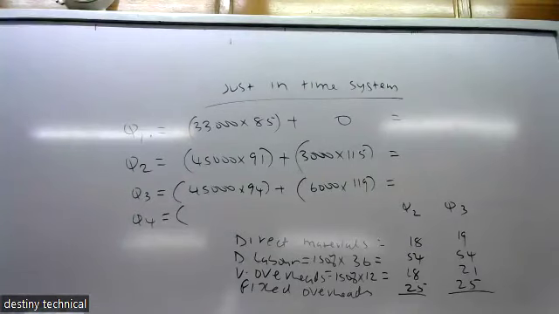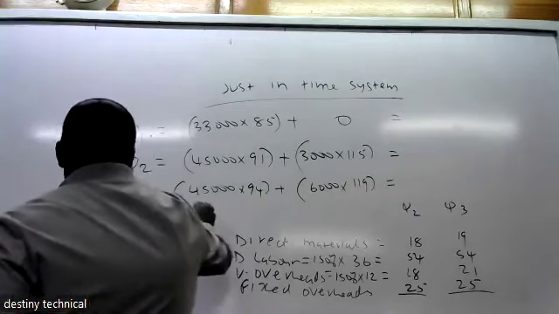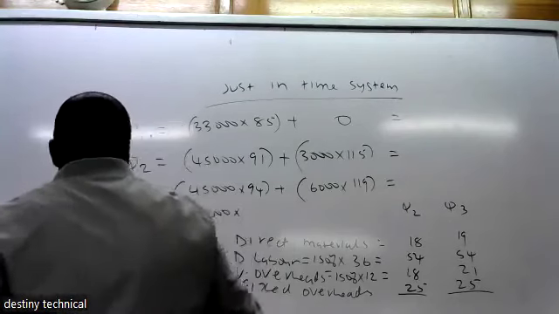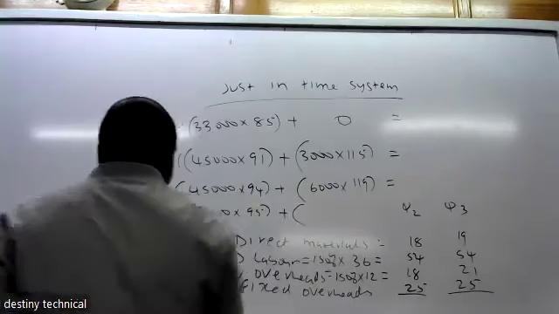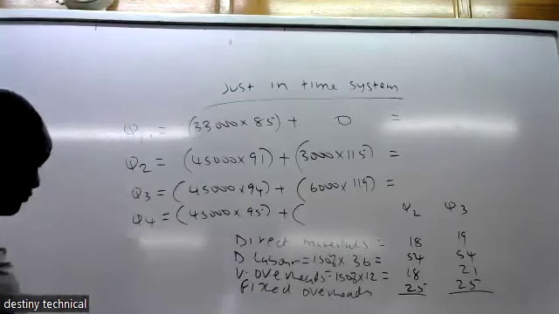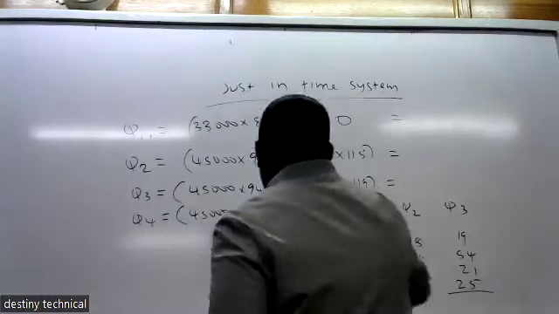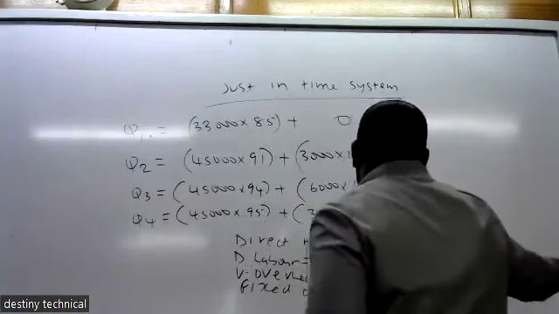So when it comes to quarter 4, also take 45,000. This one we multiply by 95. So what will be the excess? So confirm for me after quarter 4.